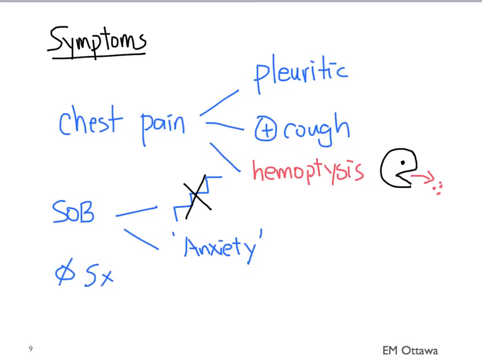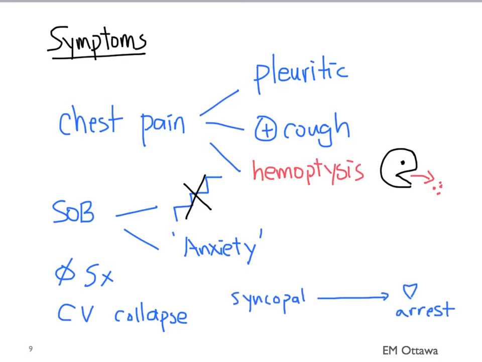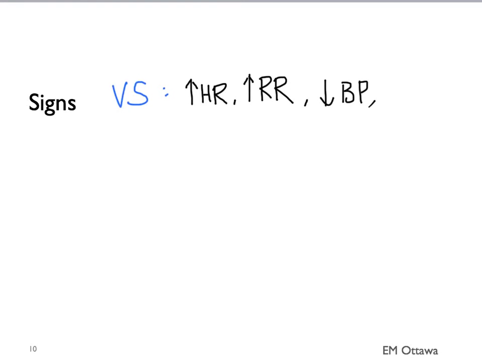On the other end of the spectrum, patients can present with cardiovascular collapse, ranging from a syncopal episode to cardiac arrest. On physical examination, these are the changes that you might see: tachycardia, tachypnea, hypotension, fever, low oxygen saturation.